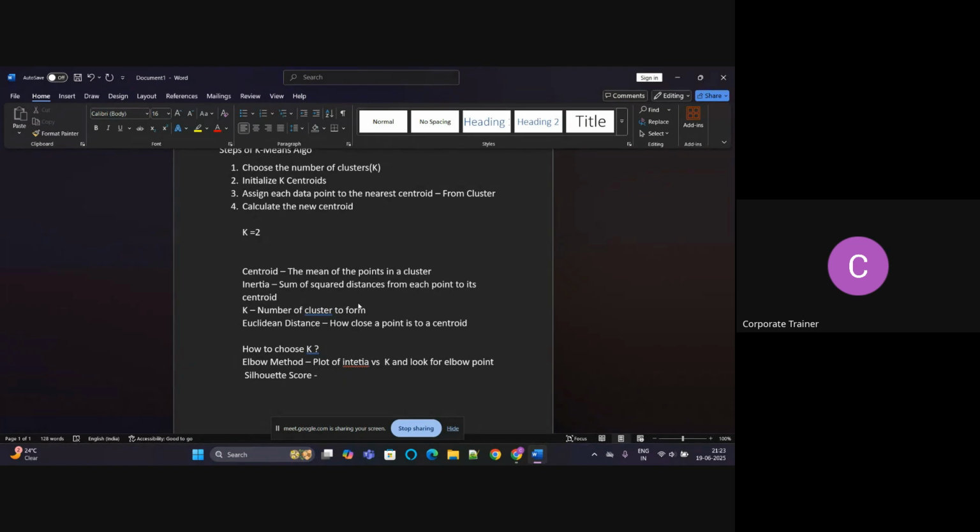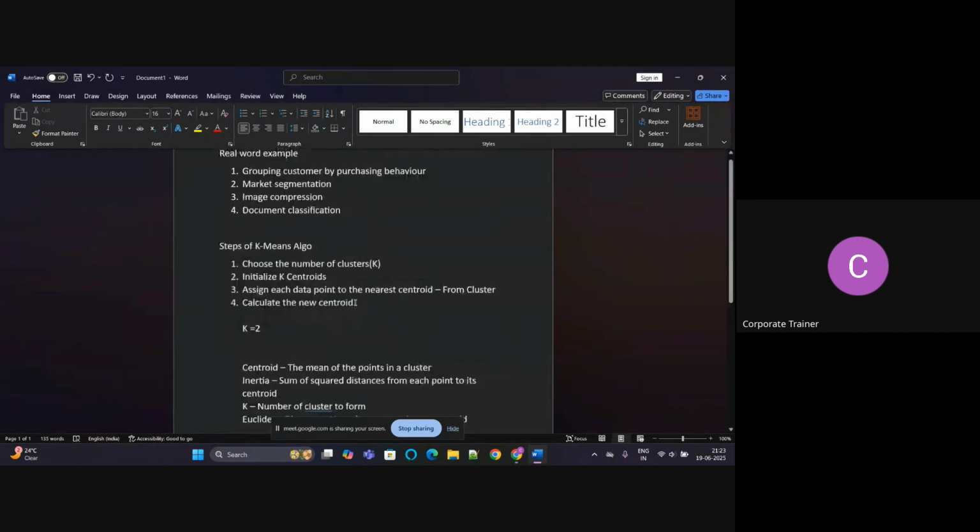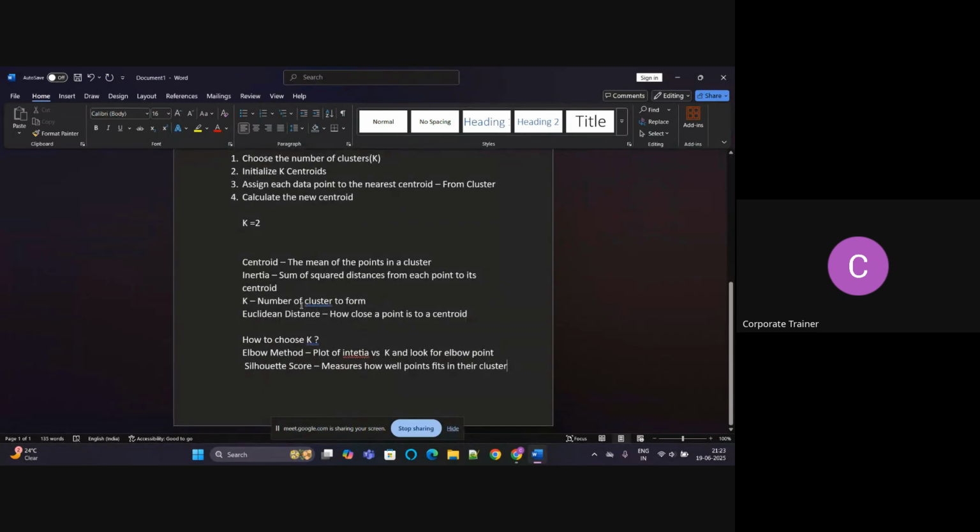So it represents this. In this way, you can choose the K values.